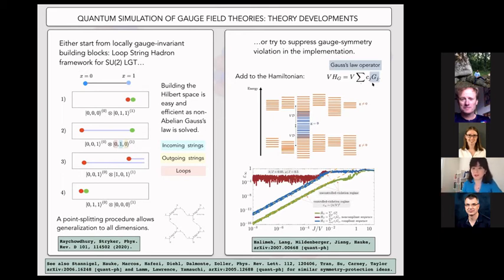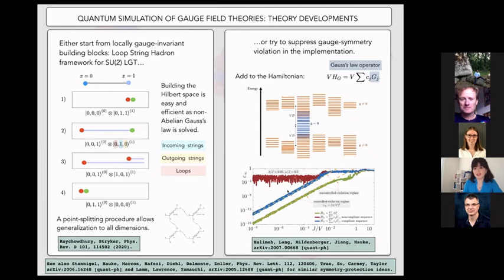There's not going to be any entangling operation involved, and therefore it's a simple procedure. And there is a coefficient for this term in the Hamiltonian that is set to be very large.